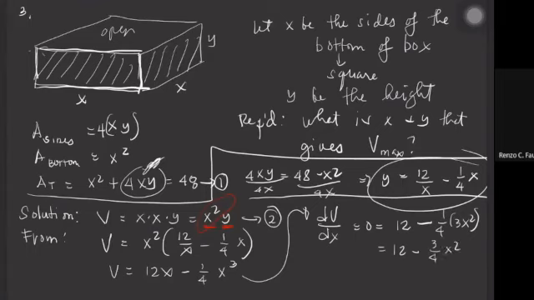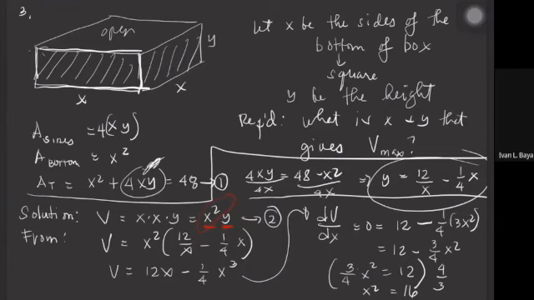Solving for x squared, we move it to the other side, so it is equated to 12. And then we multiply both sides by 4/3. So what's left is x squared, which is 48 over 3. What is 48 over 3? That gives 16.